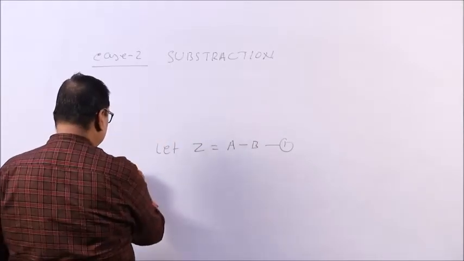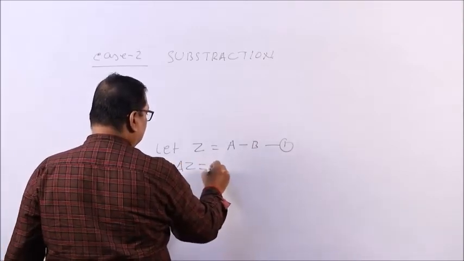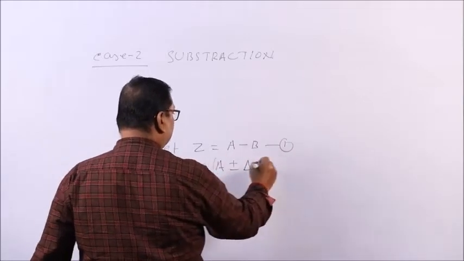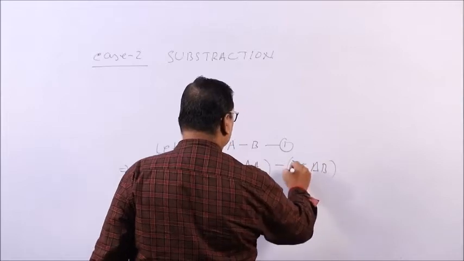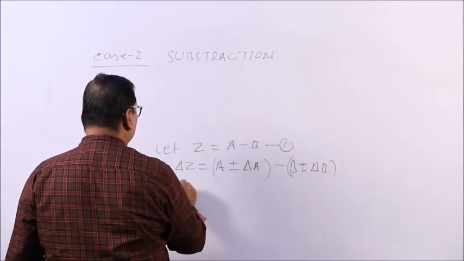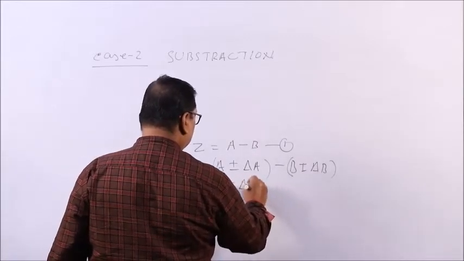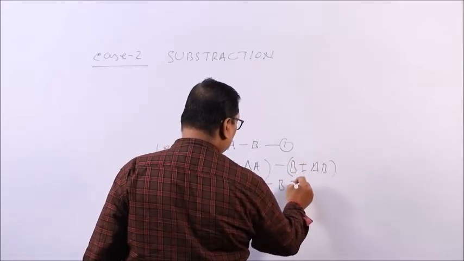Now, we will see, this implies Z plus minus delta Z equals A plus minus delta A minus B plus minus delta B. This implies A plus minus delta A minus B, here plus will be minus, minus will be plus.